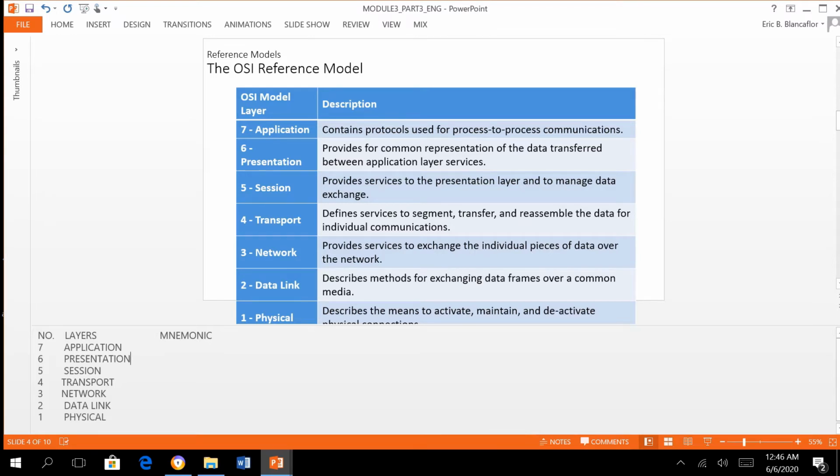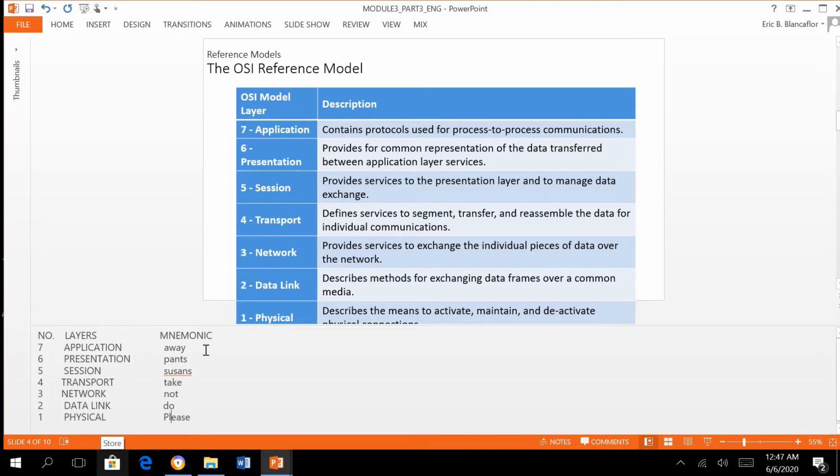An example is a very popular mnemonic: Please Do Not Throw Sausage Pizza Away.